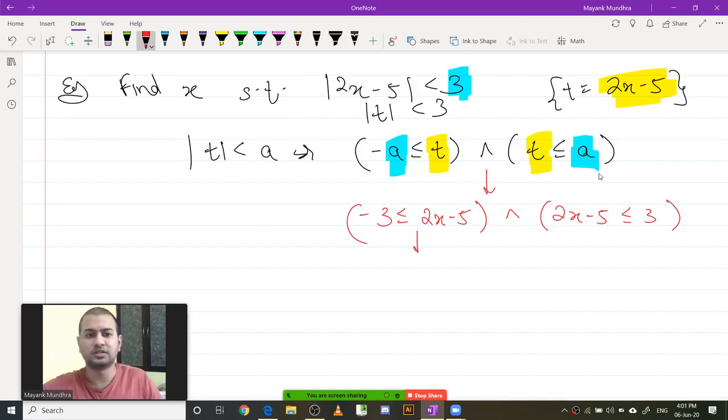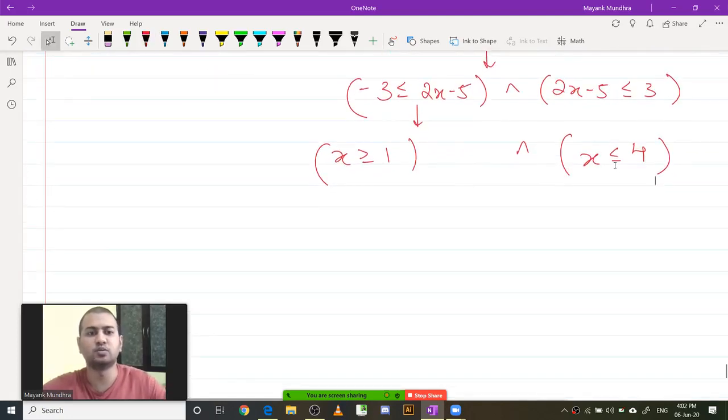So this condition becomes x greater than or equal to 1, and this condition becomes x less than or equal to 4.